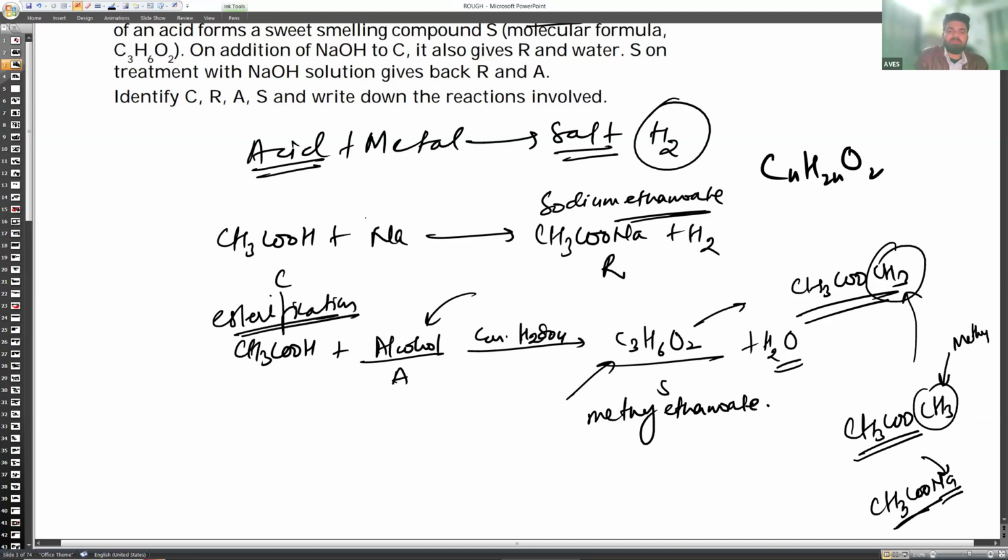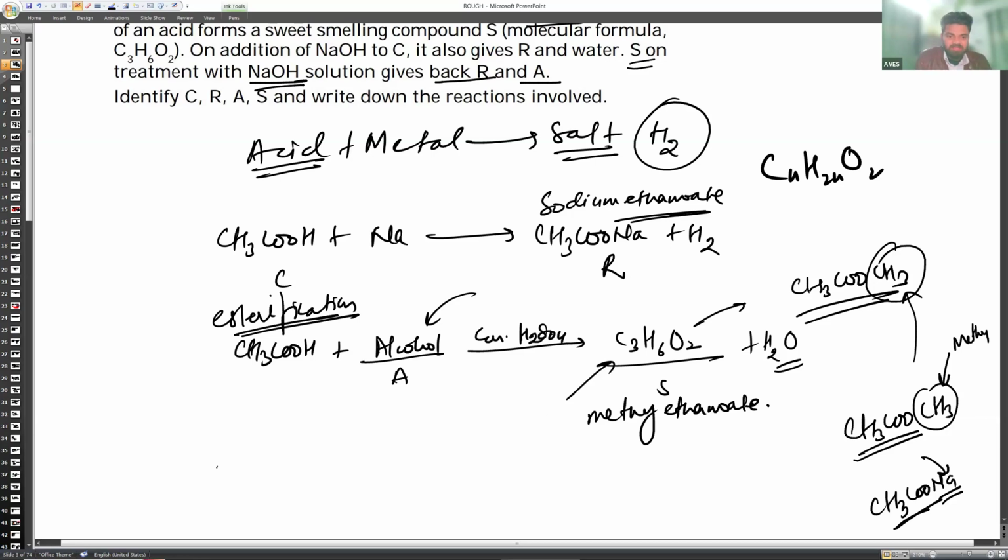Now, can you tell me that this S on treatment with NaOH gives R and A back? What is this reaction?